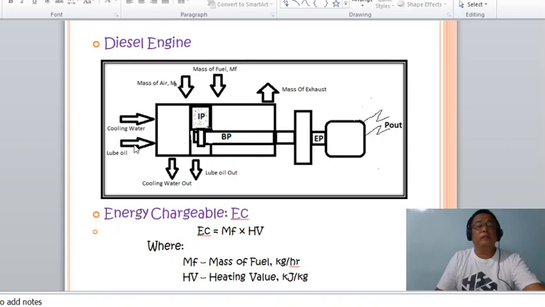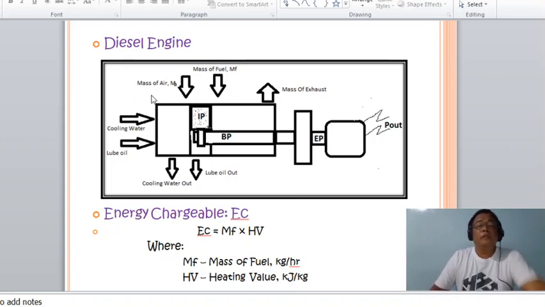Another here is the lube oil. In order to eliminate some friction from the rotating parts, it requires lube oil. And the lube oil also absorbs heat coming from the friction.